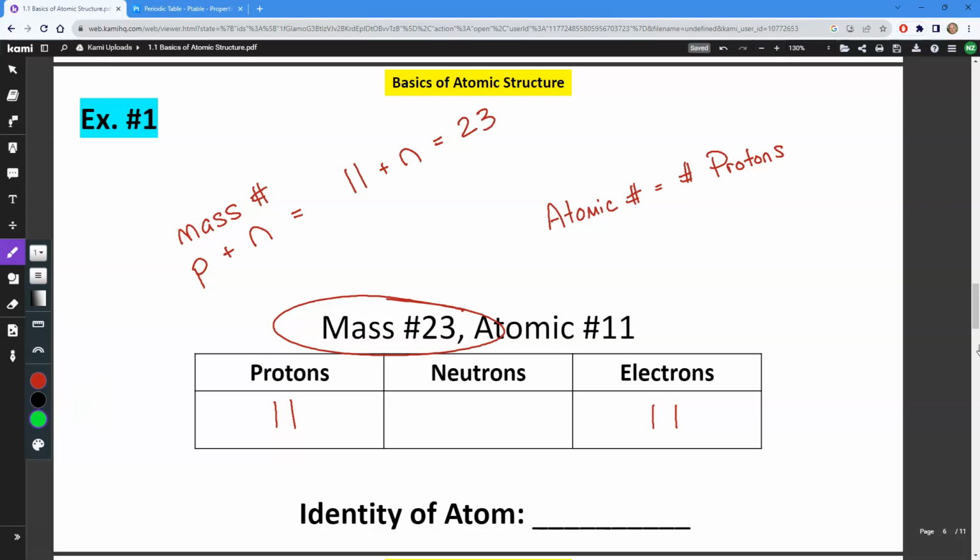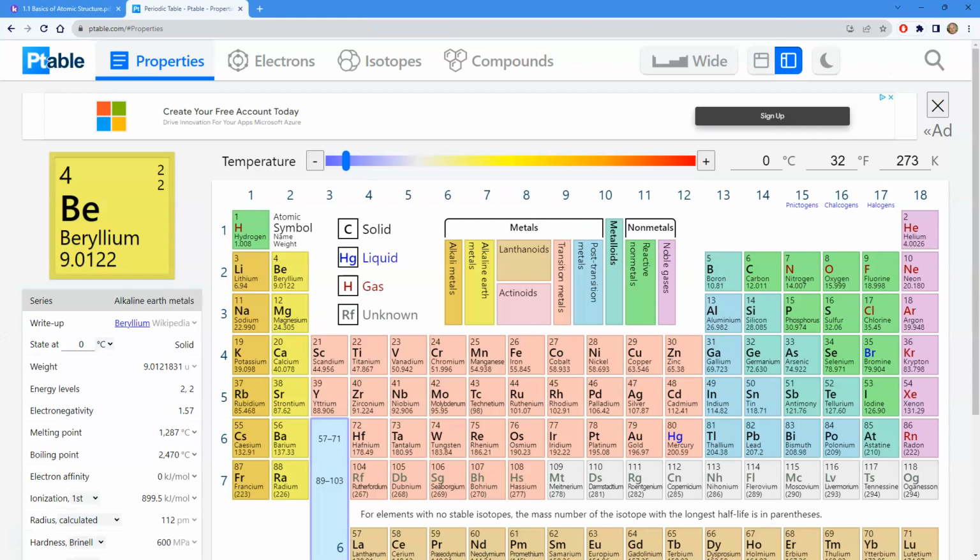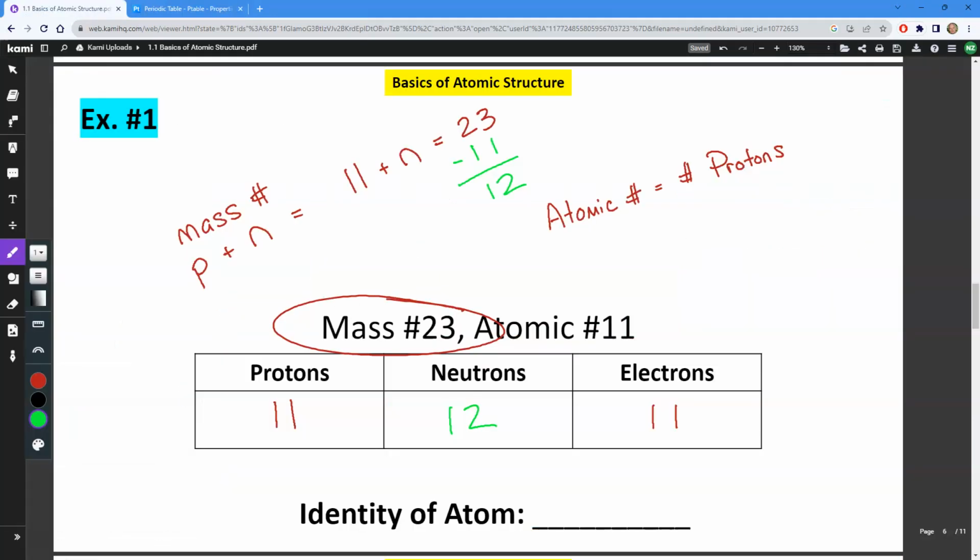So to get the number of neutrons, we would subtract the 11 and we would end up with 12. So we have 12 neutrons here. Now, if we go to our periodic table and look for number 11, it is sodium, Na.